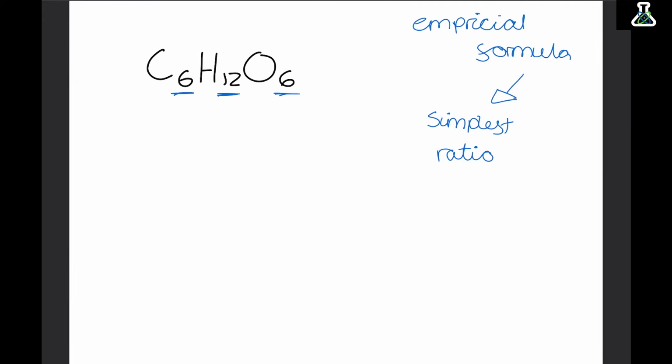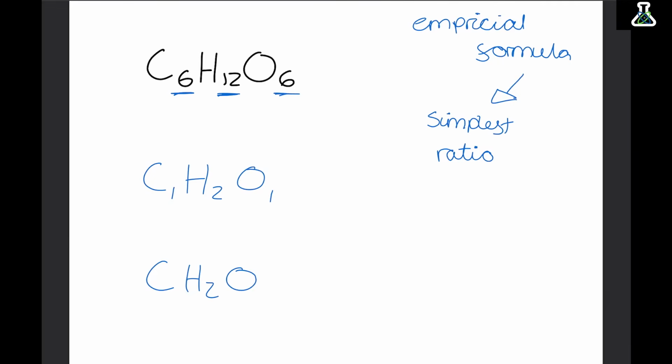So if we divide 6 by 6, we get 1, so we get C1. If we divide 12 by 6, we get 2, so we have H2. And then if we divide 6 by 6 again, we get 1, so we have C1H2O1. Now in chemistry, we don't really like the number 1, so we're going to get rid of that and just say CH2O. So this is the empirical formula of glucose.